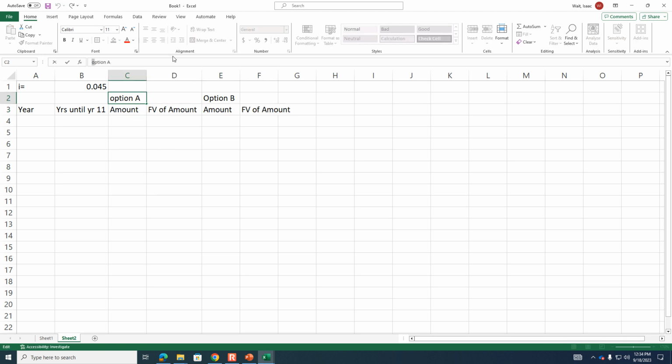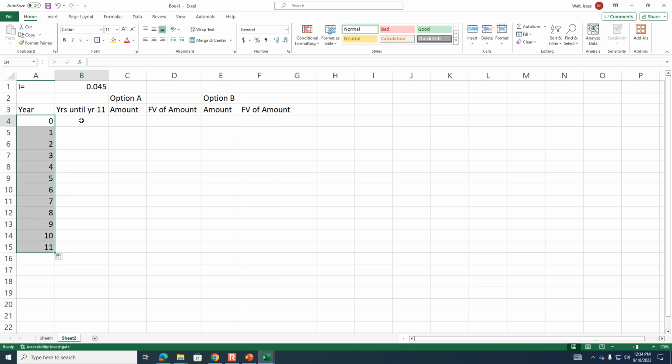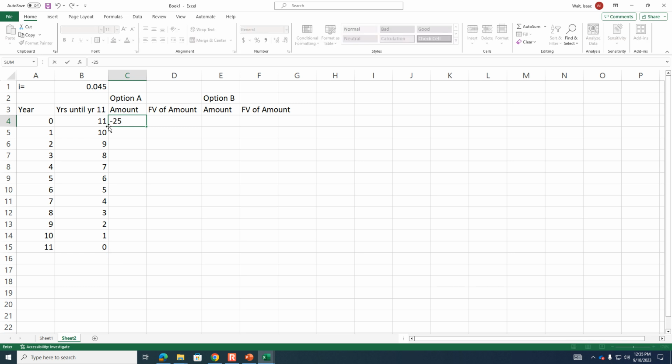Okay, so translating what it said about the opportunities, we know the inflow and outflow for one of them, and for the other one, we know how much revenue there's going to be, but we don't know how much it's going to cost. That's actually what we're going to be solving for: what should it cost in order to be equal to option A. So option A was you spend $250,000 and then you receive $33,000 through the 11 years.